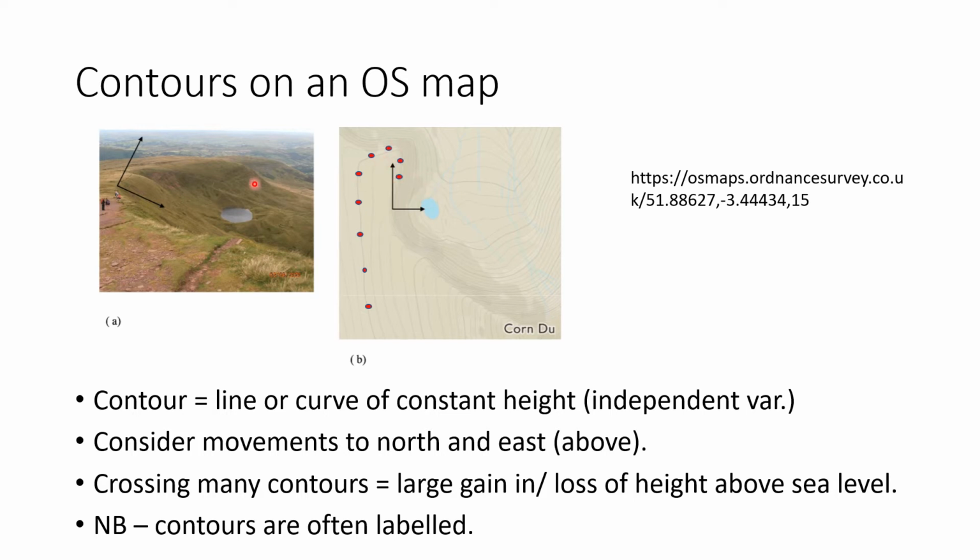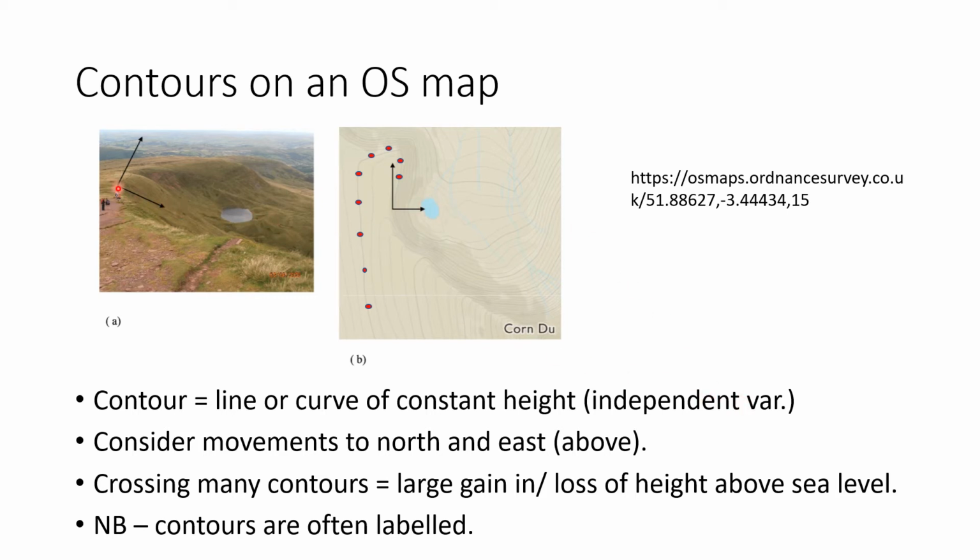And the highest point is about here, and you can see it's fairly flattish in this area. So you can use the contours to find the highest point and also the lowest point. The contours cluster around here, conveniently marked by a patch of water.